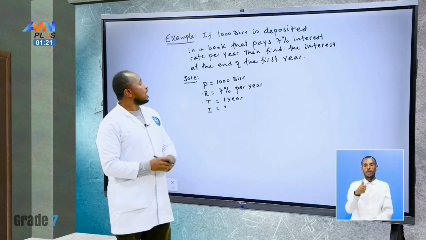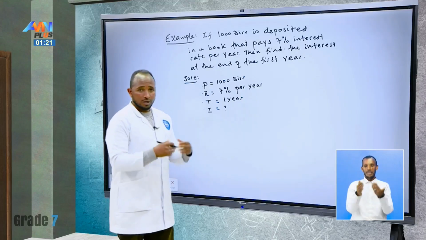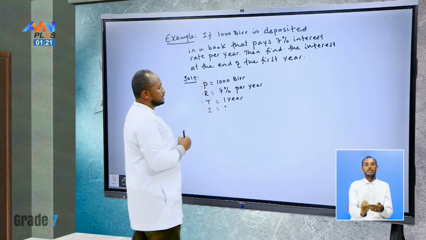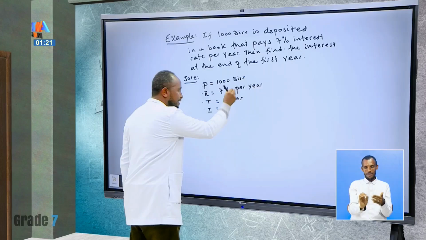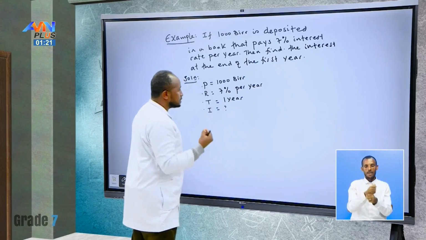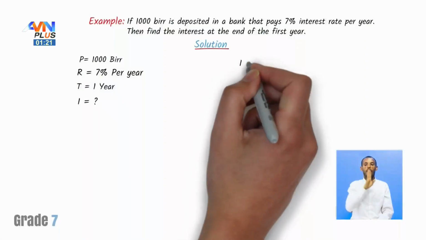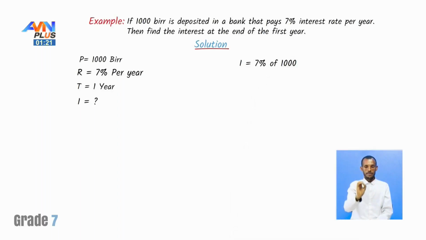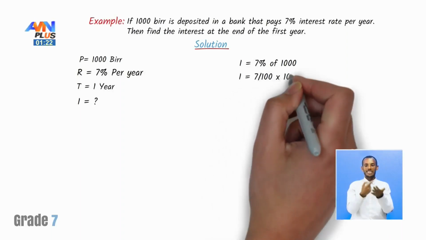So how do we calculate this? Simply we calculate the interest by taking 7% of 1,000. Here it says the interest rate is 7% per year. So in 1 year, it pays you 7%. Therefore, the interest will be equal to 7% of 1,000, the product of the two.